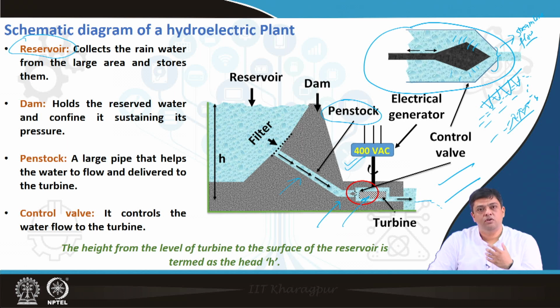And this fluid, which has a streamline nature, will then interact with the turbine. So, that is the importance of the control valve. It controls the water flow to the turbine, while it also ensures that the fluid has a streamline nature.